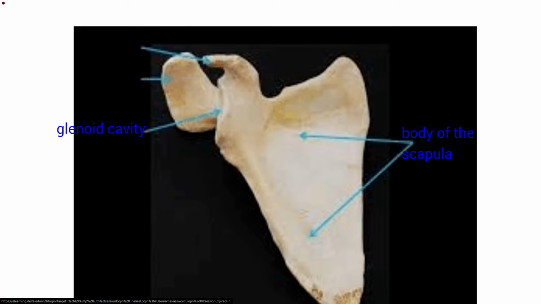And then we have the acromion. You can't see the spine because that's on the more posterior side, the part facing away from the body. But this is the acromion at the end of that. And this right here is another process more towards the body. This is called the coracoid process.